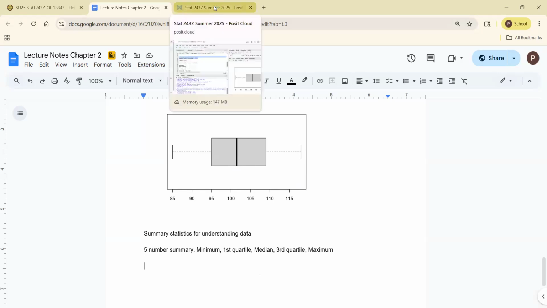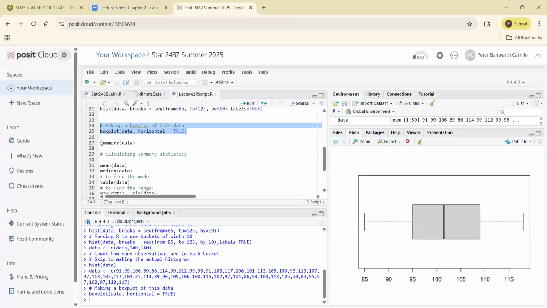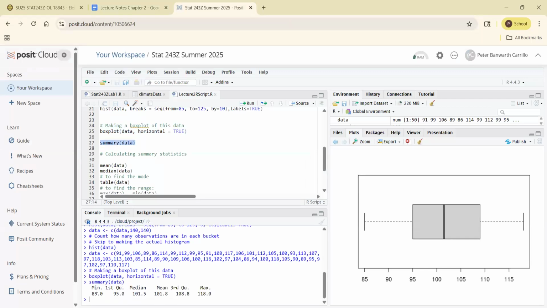But we can also get those numbers directly, and it's very easy if you just do a summary of your data. It will output the minimum, first quartile, median, third quartile, and maximum. And because the mean is useful, it will also export the mean.